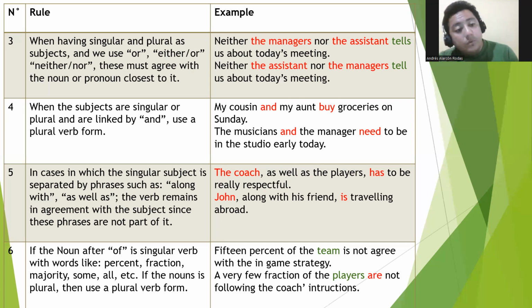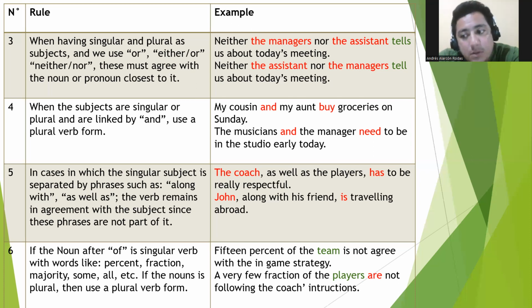Okay, now the fourth rule. When the subjects are singular or plural and are linked by and, use a plural verb form. Okay, my example. My cousin and my aunt buy groceries on Sunday. So in this case, they are linked, my cousin and my aunt. In this case, I have to use the verb buy, so I have to use a plural verb form.